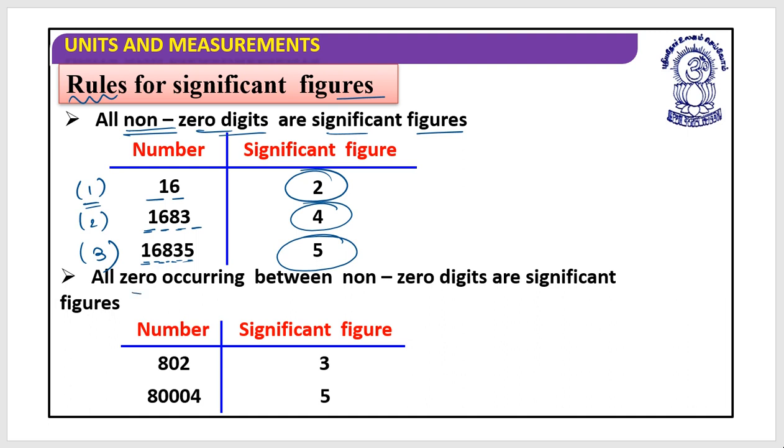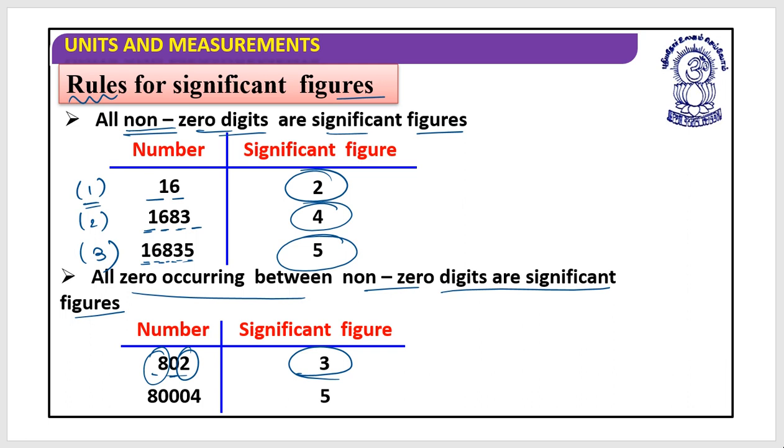Next rule: all zeros occurring between non-zero digits are significant figures. If a zero is guarded by two non-zero digits, then it is significant. Let's say a number 802. Here 0 is there but it is protected by 8 and 2. So all the digits are significant, and the total number of significant digits in this number is 3.